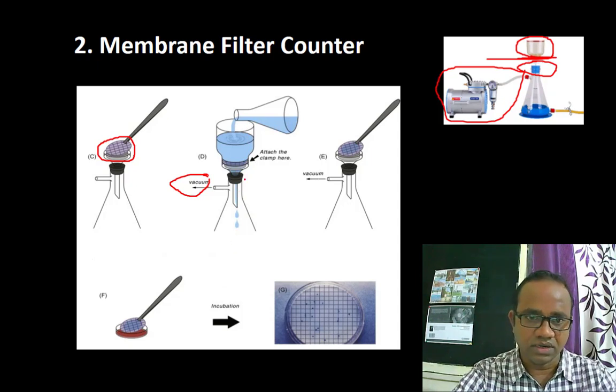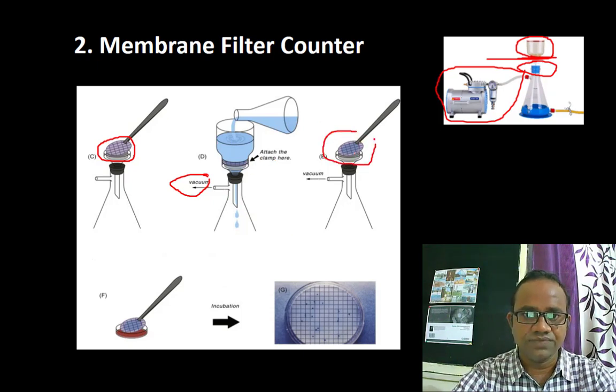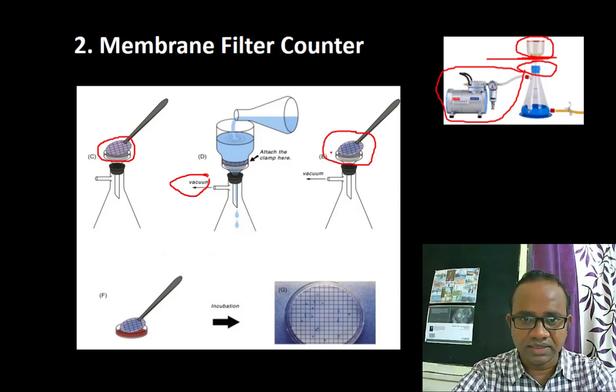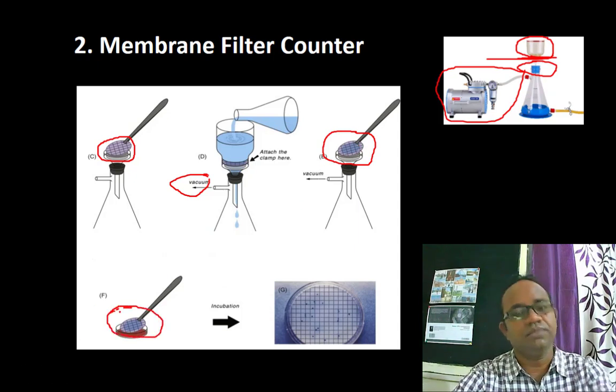Under the suction pressure it moves down. After all the medium moves down, the bacteria remain on this filter, okay? Only the water molecules can pass, but the bacteria get retained on the filter paper here. Now next, we'll take out this filter paper and put it onto the nutrient agar plates.